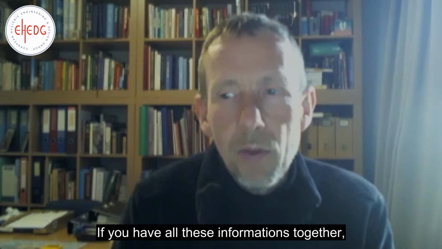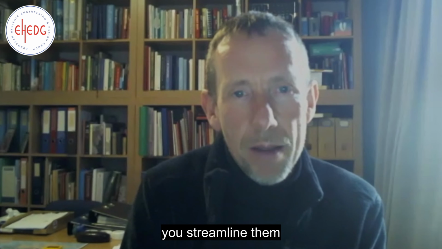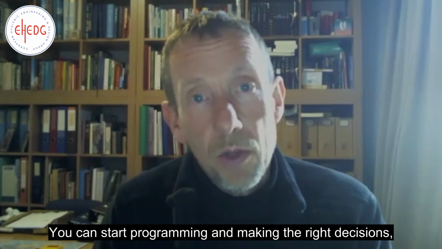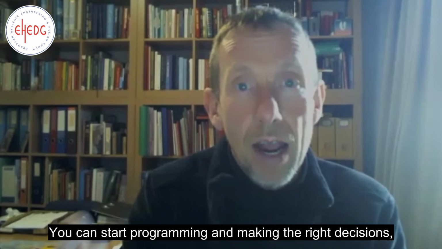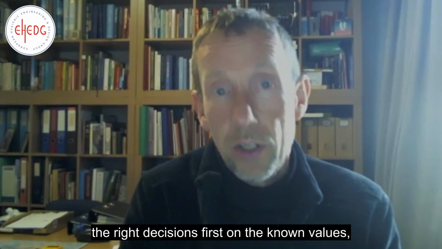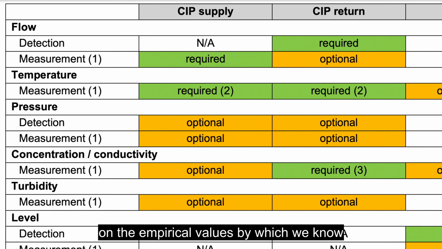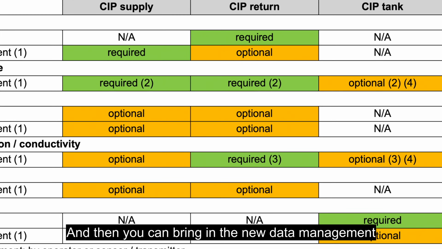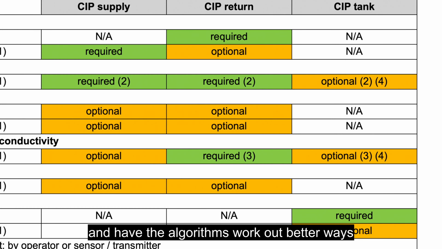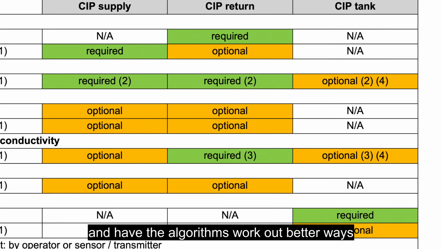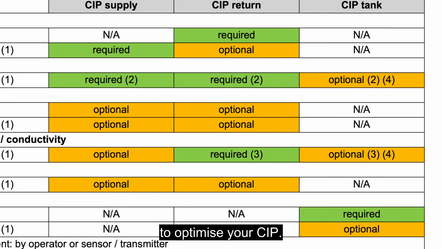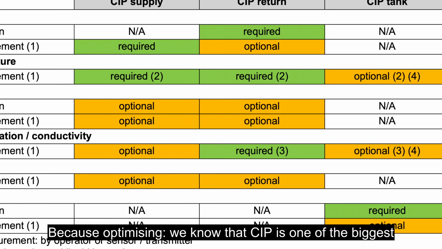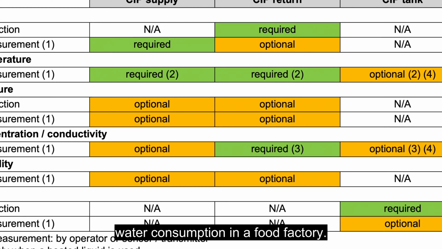If you have all this information together, you streamline it and you bring it to your management information system, you can start programming and making the right decisions. The right decisions first on the known values, on the empirical values, which we know an installation is clean, and then you can bring in the new data management and have the algorithms work out better ways to optimize your CIP, because we know that a CIP is one of the biggest water consumptions in a food factory.